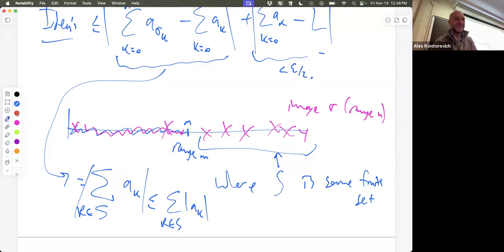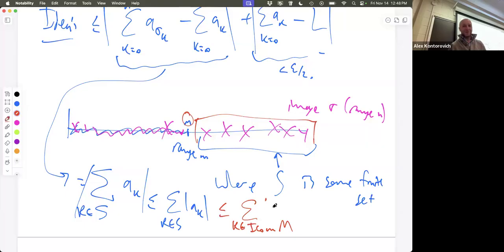If you take the entire interval, as long as m is large enough, however far out it goes, this is at most a sum of k in the interval from m up to some max, capital M, of the absolute value of a k. And that we can make less than epsilon over 2 by the Cauchy property of the absolute value of a. That's the argument.